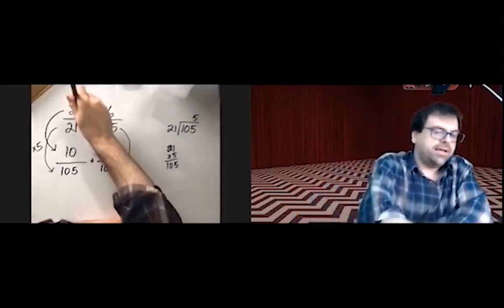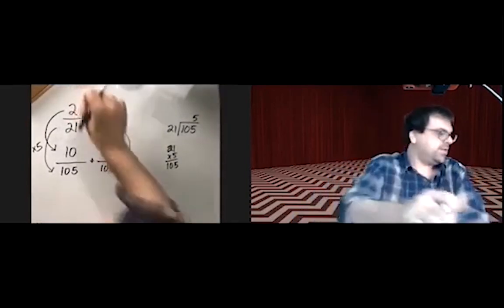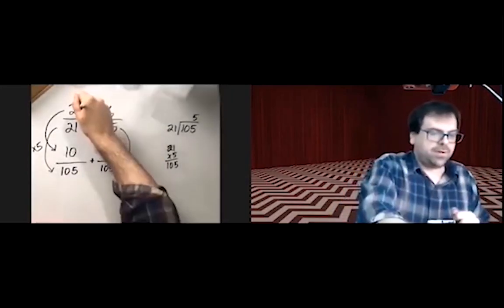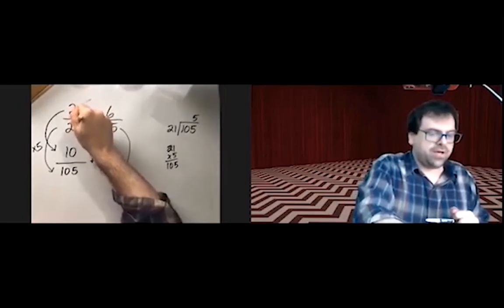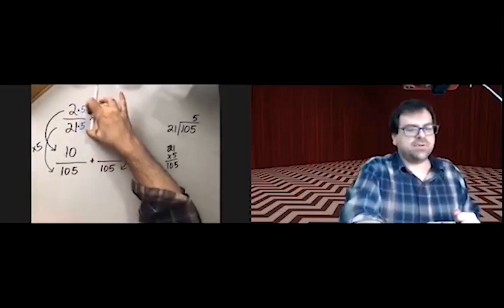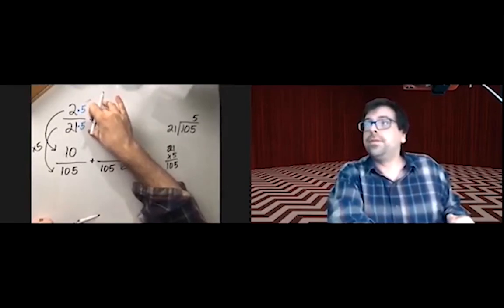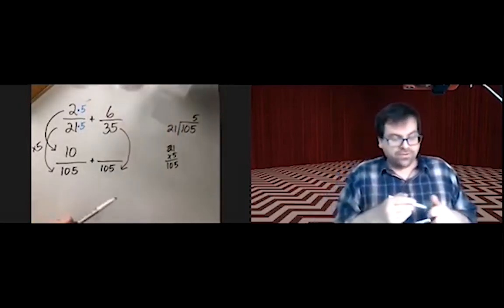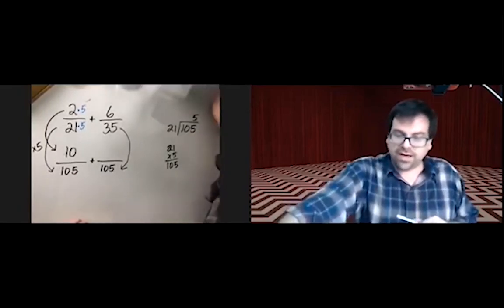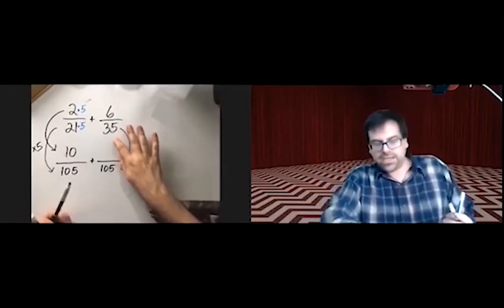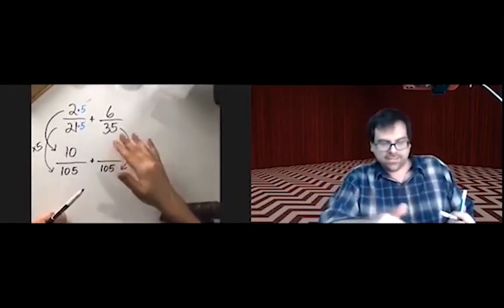Same as multiplying the top. I'll do this in a different color. Same as multiplying the top by 5 and the bottom by 5, because that's the same as multiplying this fraction by 5 over 5, multiplying by 1. Over here, 35 times what is 105? Well, 30 times 3 is 90. That's close.